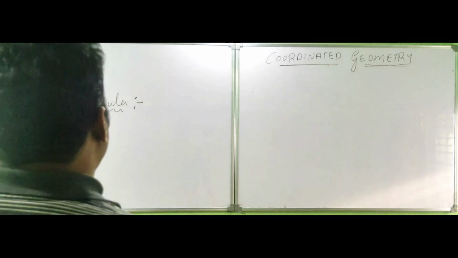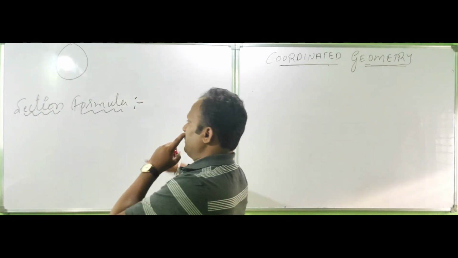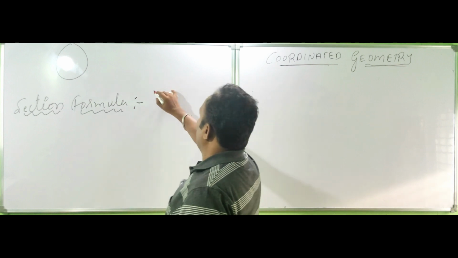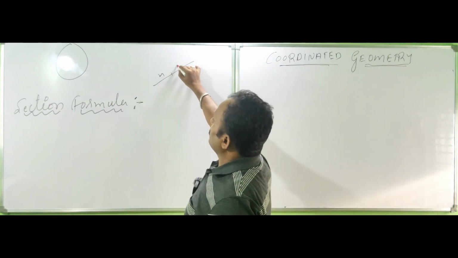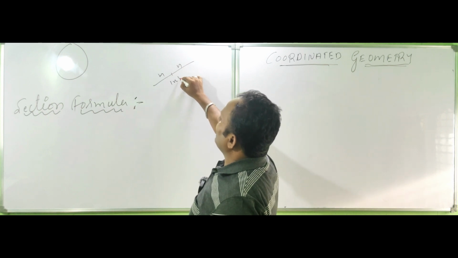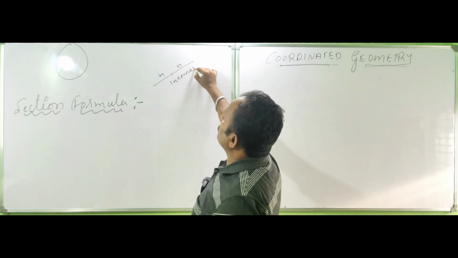The section formula has three parts. If the line is cut between M and N, this is called the internal ratio.